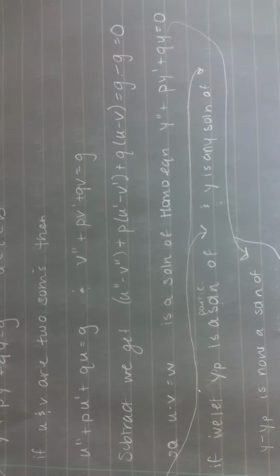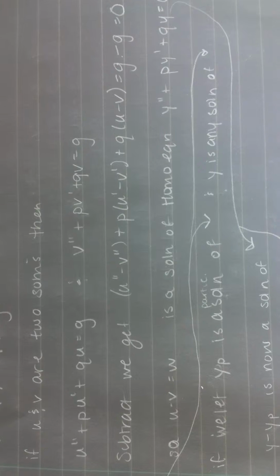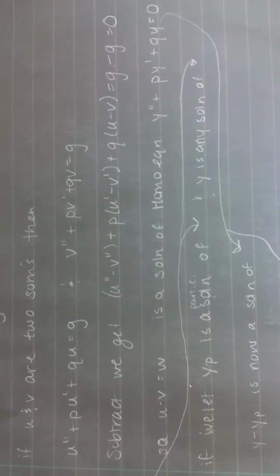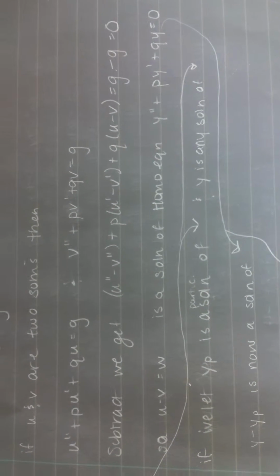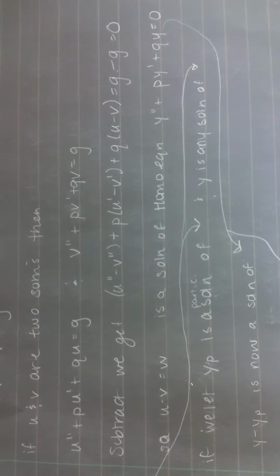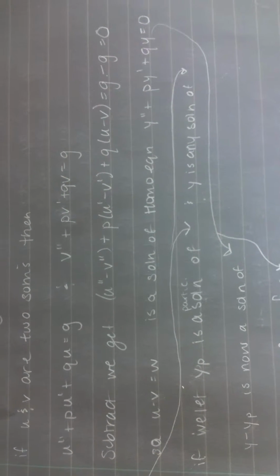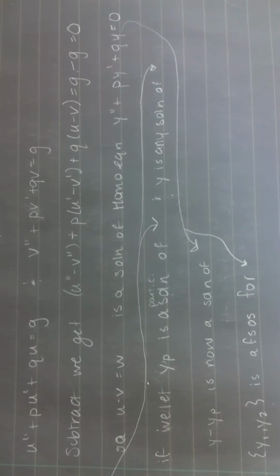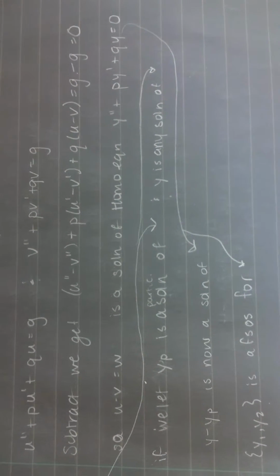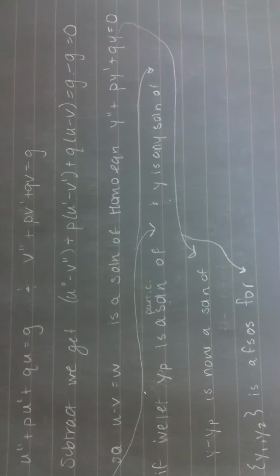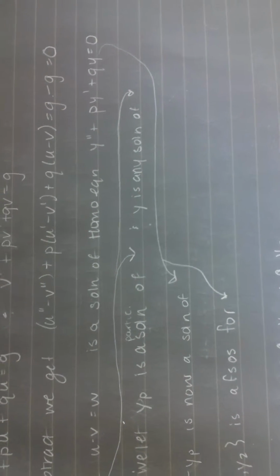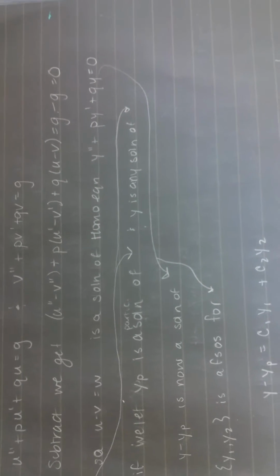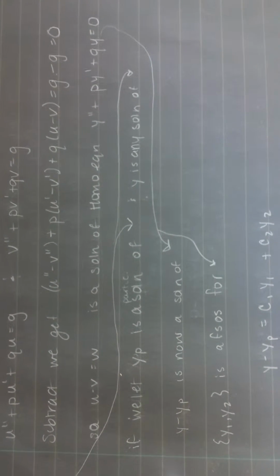So if we were to subtract these two equations, we'd have u double prime minus v double prime, plus that function p times u prime minus v prime, plus that function q times u minus v, would equal g minus g, or 0. So we've given ourselves a homogeneous equation where u minus v is the solution of that homogeneous equation, y double prime plus p y prime plus qy equals 0.